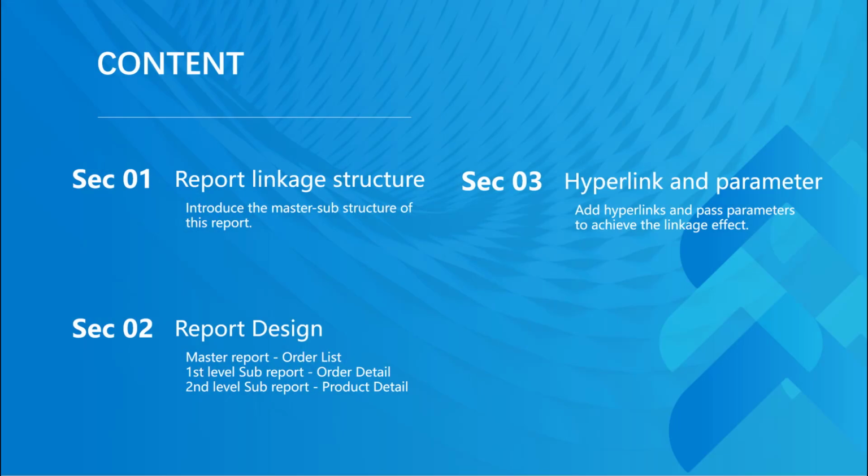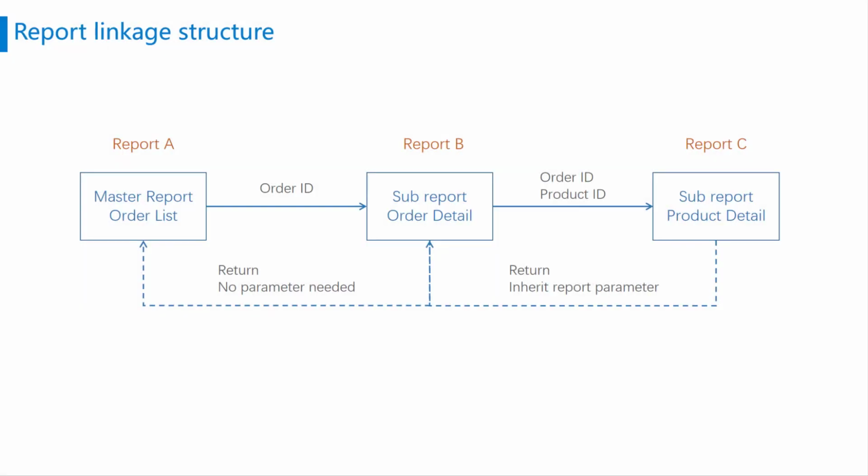Then we will talk about section 3, which is adding hyperlinks and path parameter to achieve the linkage effect. First, let's review the structure. Report A transfers order ID, and drills down to report B with the corresponding order detail.